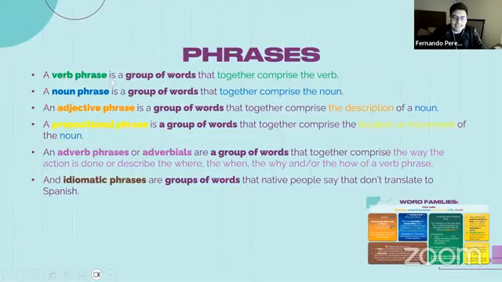A verb phrase is a group of words that together comprise the verb. You see what I mean? So whenever you are thinking about, let's say, let me find the slide.